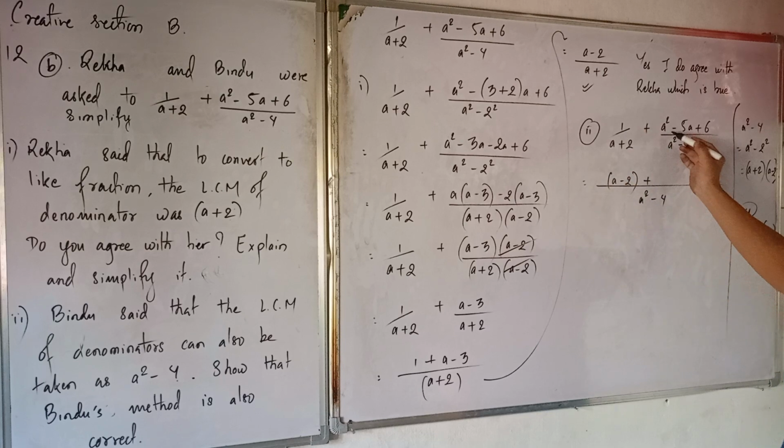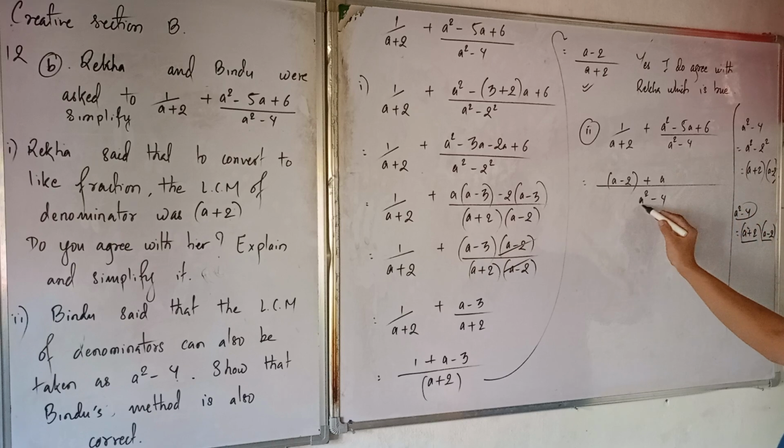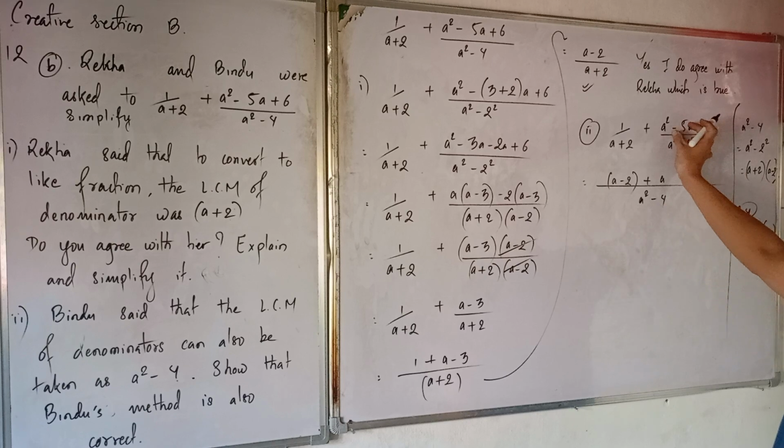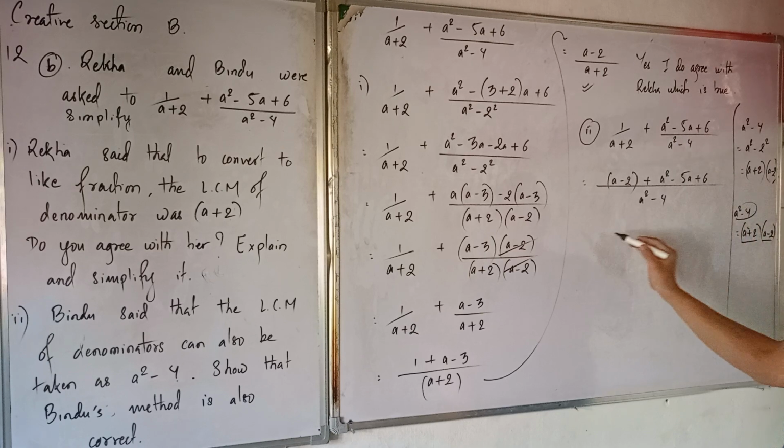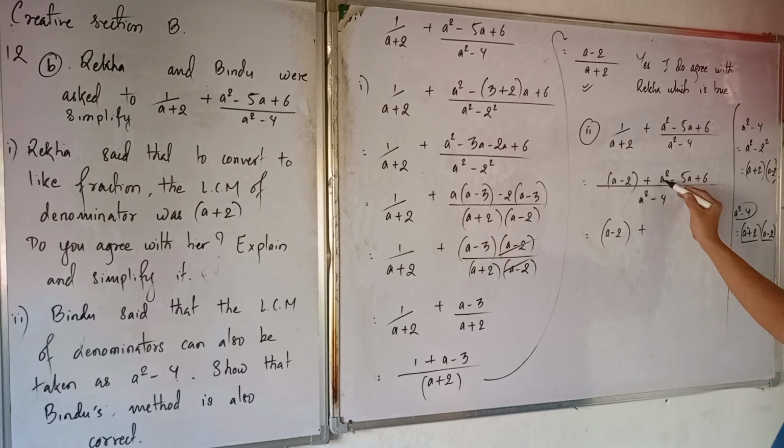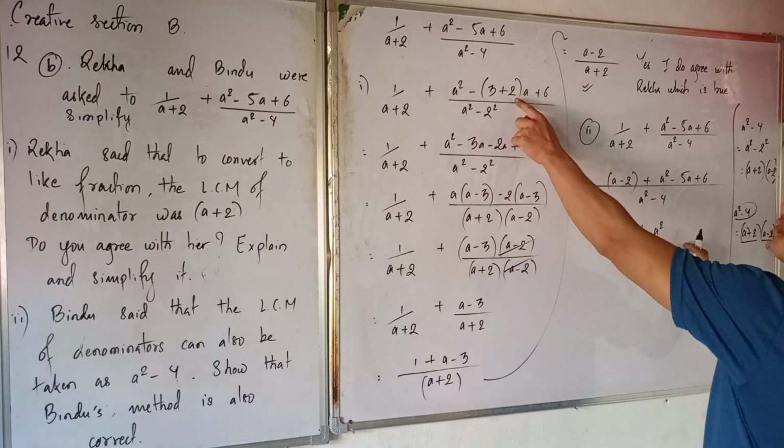So a square minus 5a plus 6, you can just write this, because a square minus 4 is already there. Here also a square minus 4, and in this part you just write only the numerator part of the second term, a minus 2. Now a square minus 5a, I'm just skipping this part, okay?